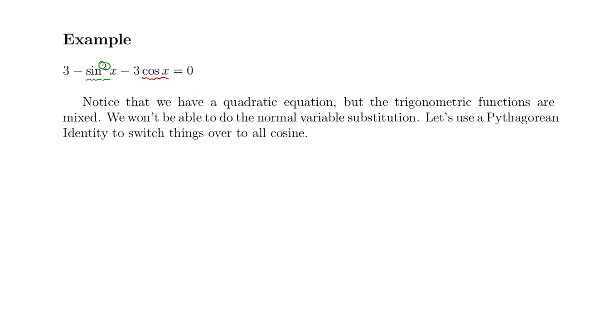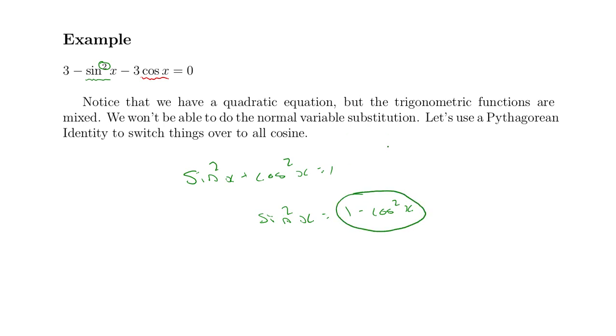It says sine squared x plus cosine squared x equals 1, which means sine squared x is 1 minus cosine squared x. We're going to plug that in place of your sine squared x, and then all of our trig functions will be cosines. That'll be really helpful for us.